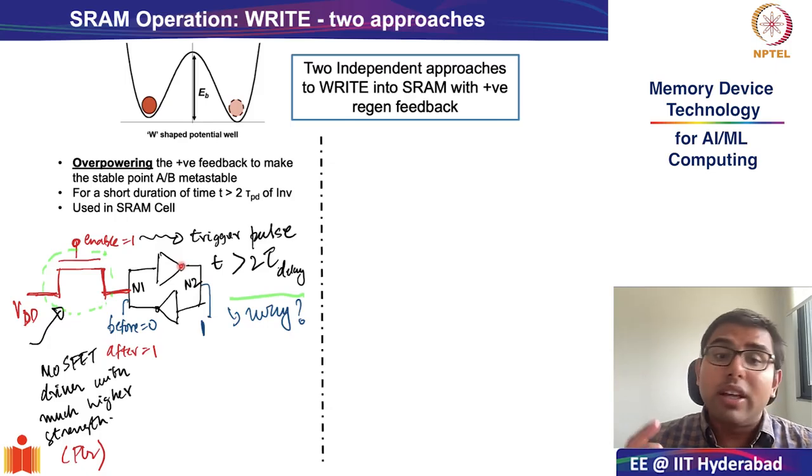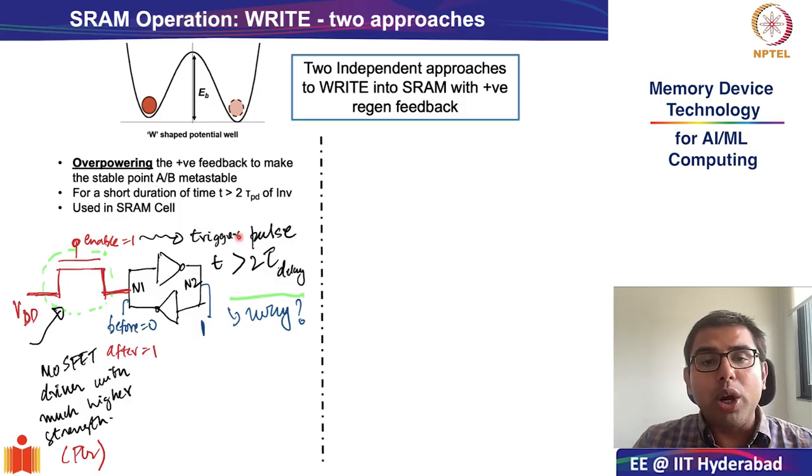That is the first thing that common sense suggests. The other thing that you have to ensure is that this enable signal, or the overpowering enable signal, has to be maintained or has to be enabled for a minimum of 2 times the delay of your cross-coupled inverter.